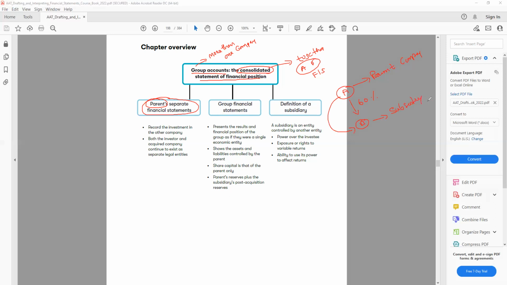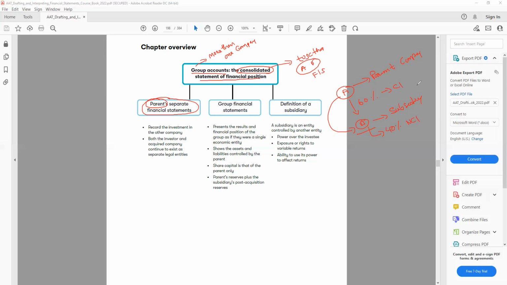Everything B has, A will have a 60% right on that, and the 40% right belongs to others, and we call it NCI, non-controlling interest. So we have 60% controlling interest. I have control over you for 60%, and the 40% I don't have control over, and for that reason we call it NCI, non-controlling interest.